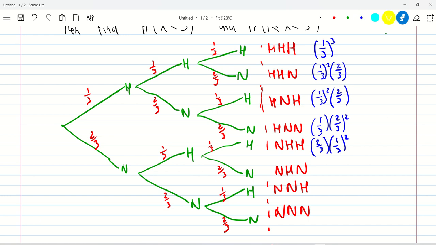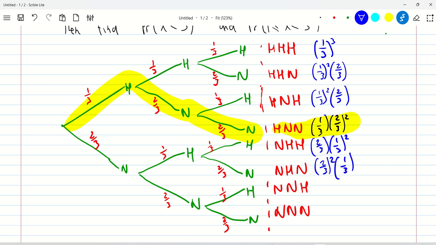So if I'm just doing that path there, then that's 1/3 times 2/3 times 2/3. Just in case you don't know what I'm doing there, just multiplying as I go through the branches. Not homework, not will be 2/3 squared 1/3.